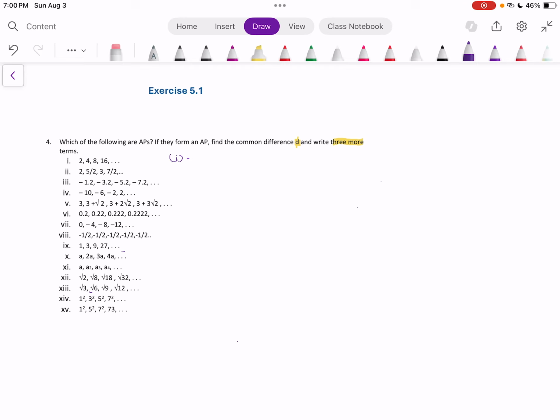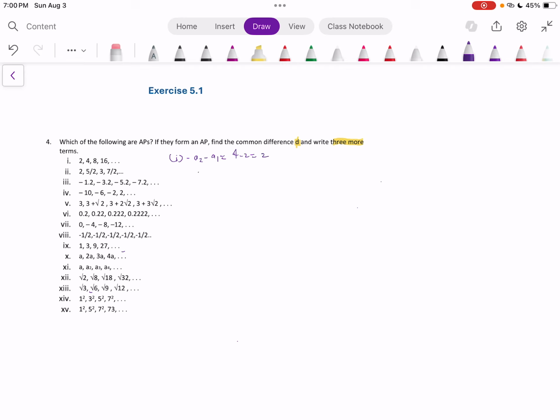So let's first start from the very first term. So A2 minus A1 is going to be 4 minus 2. It's going to be 2.